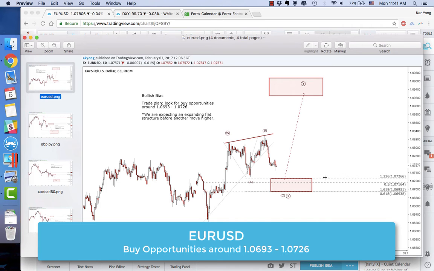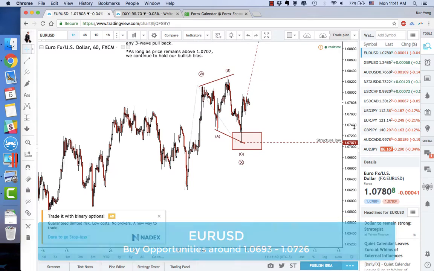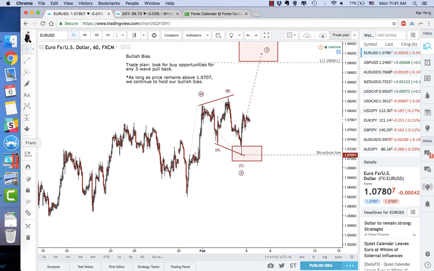We actually bought it around this area, between 1.07, and you can see that price came down to as low as 1.0708, and then we had a very nice bounce. That was close to about 80 pips, and we have already shifted our stop loss to break even, riding further up for this particular week itself.